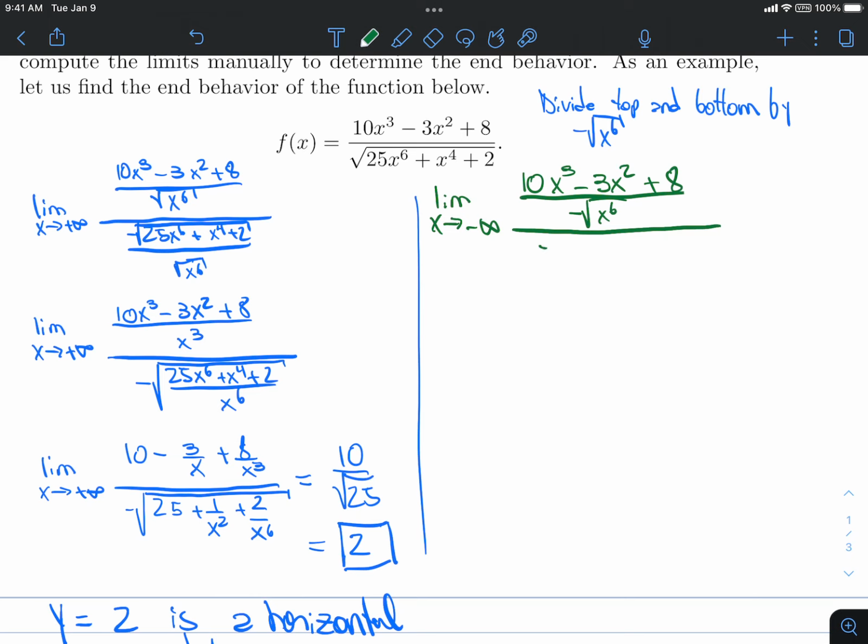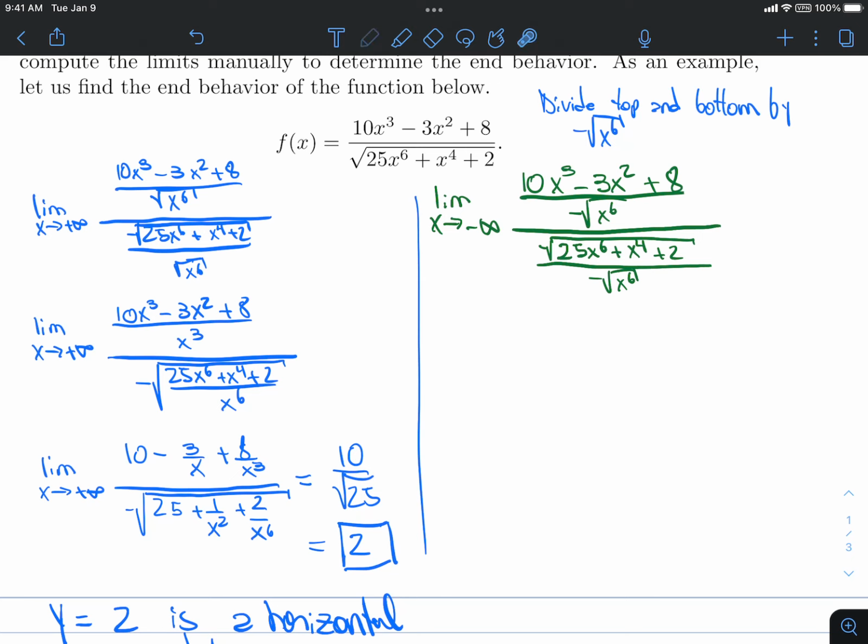The bottom is the same thing. So the bottom will work the same way.